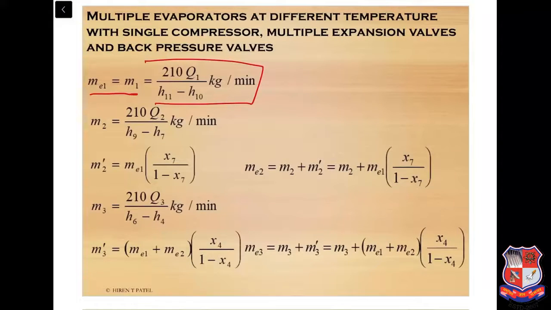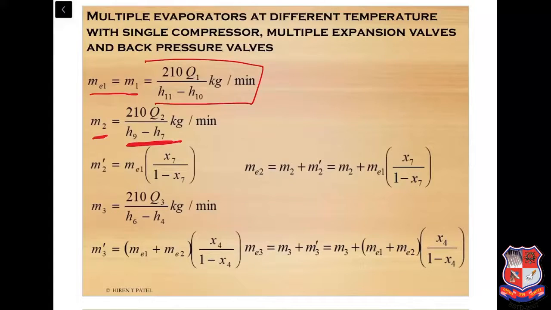The mass of refrigerant required to be circulated through the second evaporator, or we can say the intermediate evaporator, that is M2, is 210Q2 divided by H9 minus H7 kg per minute.